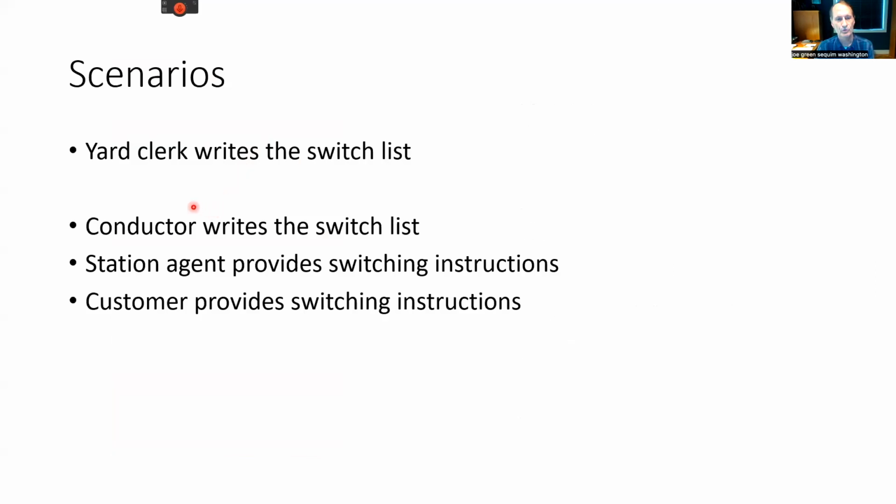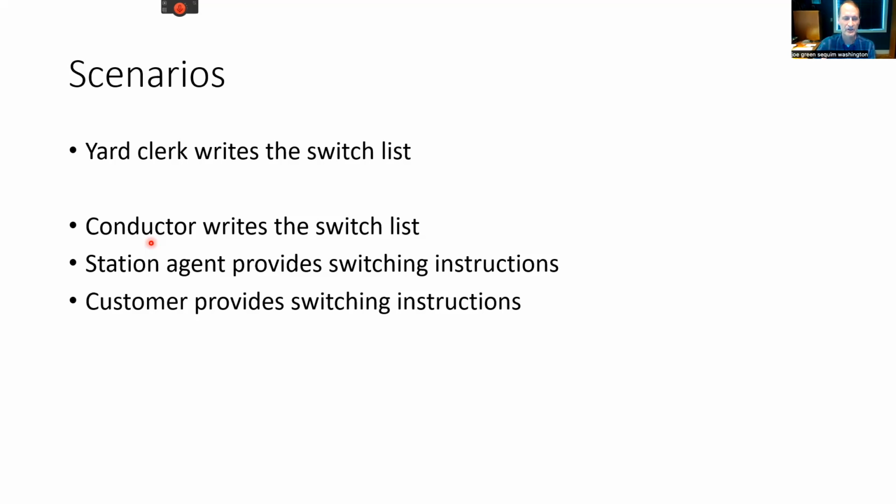My other two crews work with other ways of getting their information. Both of those crews will work in a yard that does not have a yard clerk and does not have a yard master. And so those conductors will have to write their own switch lists using, again, the waybills that I showed a couple slides back.